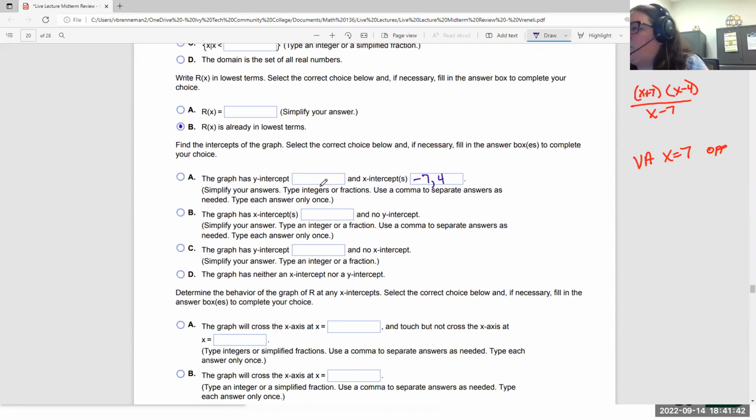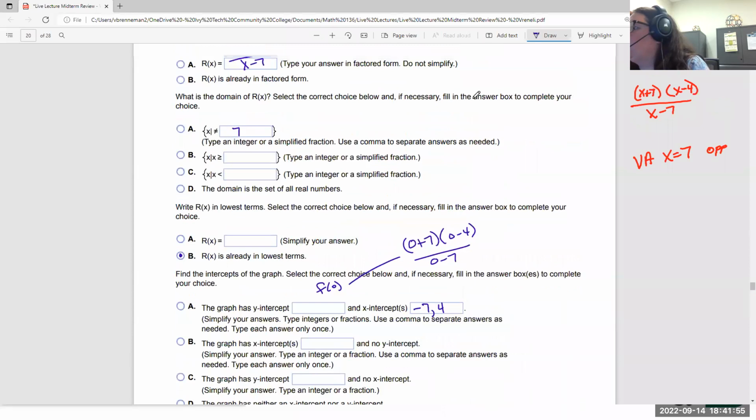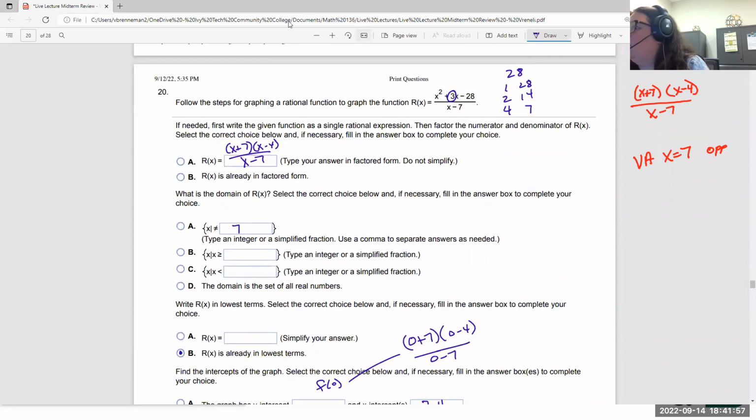For the y-intercept, I'm plugging in 0 for x. So that's going to be 0 plus 7 times 0 minus 4 over 0 minus 7. Or it might be easier even to plug into the original function, because as long as there's a constant on the top and the bottom, that's what you're going to end up with.